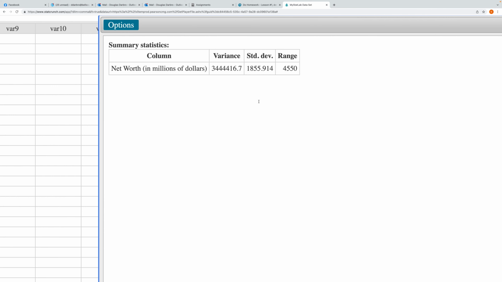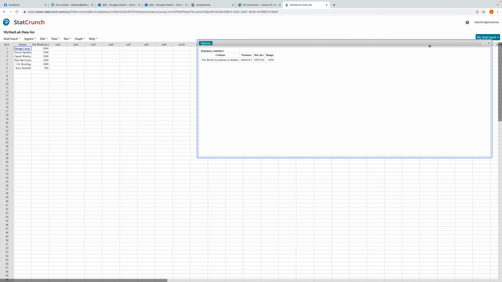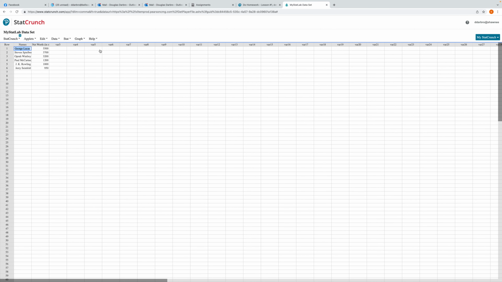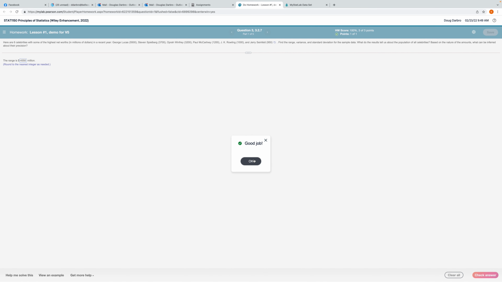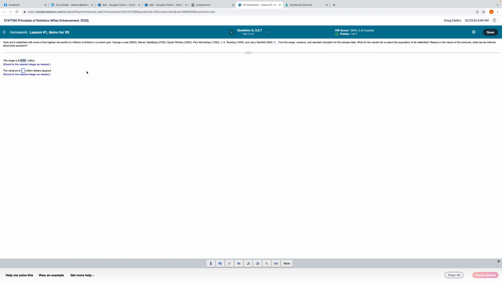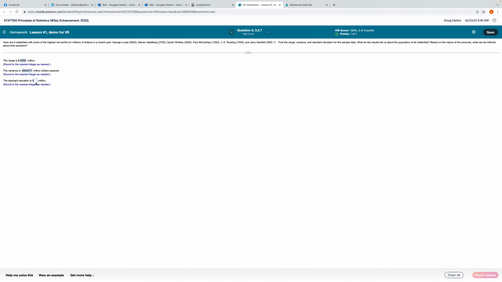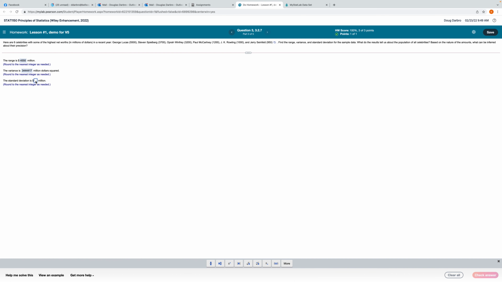The standard deviation is 1856, and the range is 4550. All right, so range 4550. The variance is 3444417. And the standard deviation is 1856.